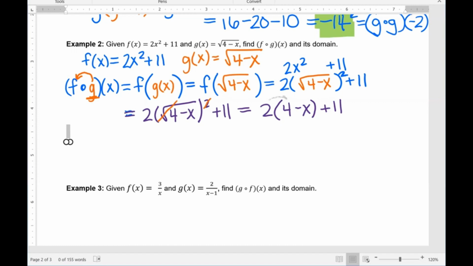Remember, we need to distribute 2 times 4, 2 times negative x, which means that we have 8 minus 2x plus 11.